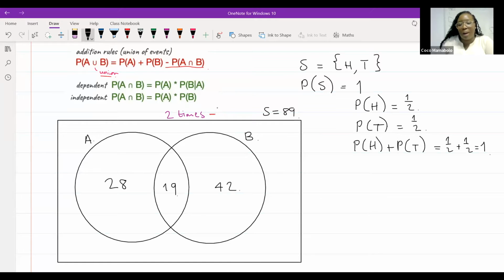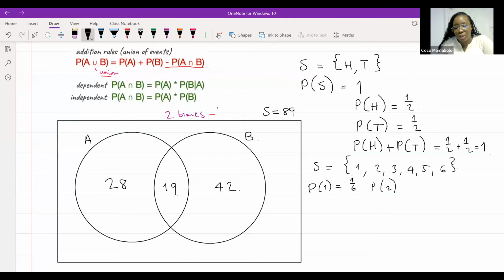Let's think about if we have a die. I know that on a die, I'm either going to get a 1, a 2, a 3, a 4, a 5, or a 6. The probability of getting a 1 is 1 over 6. The same goes for a 2, a 3, a 4, a 5, and a 6: each is 1 over 6.